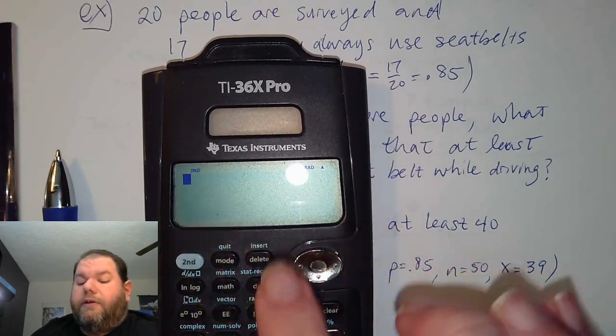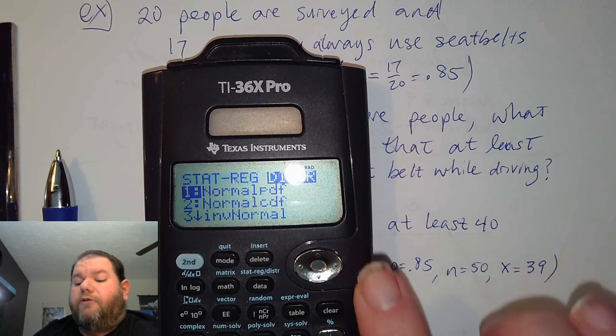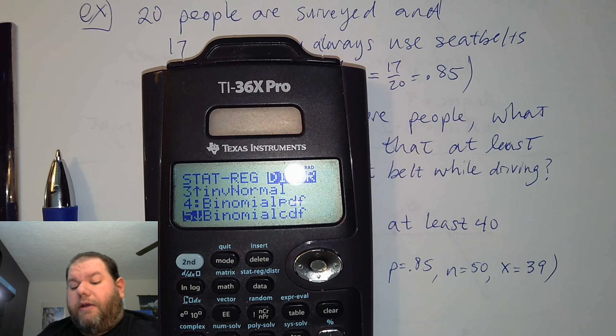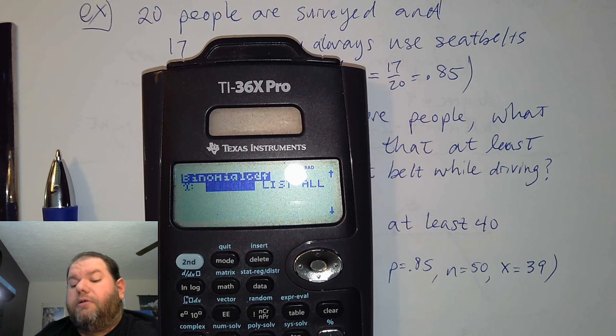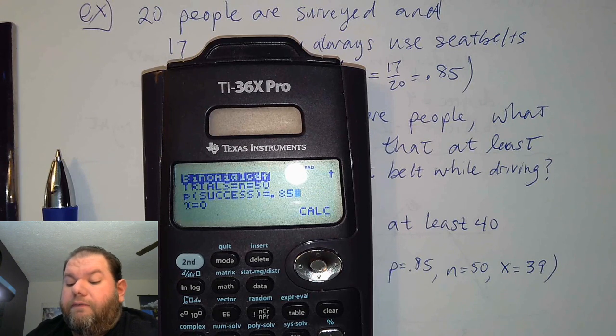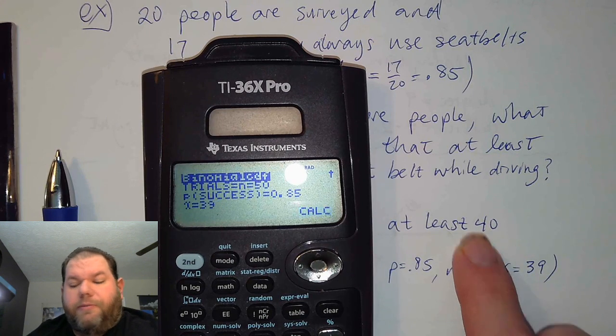So we go to second data, right to distributions, down to Binomial Cdf, option 4. Okay. Our sample size is 50. Probability of success, we said, is 0.85. X is 39, one less than the number here.